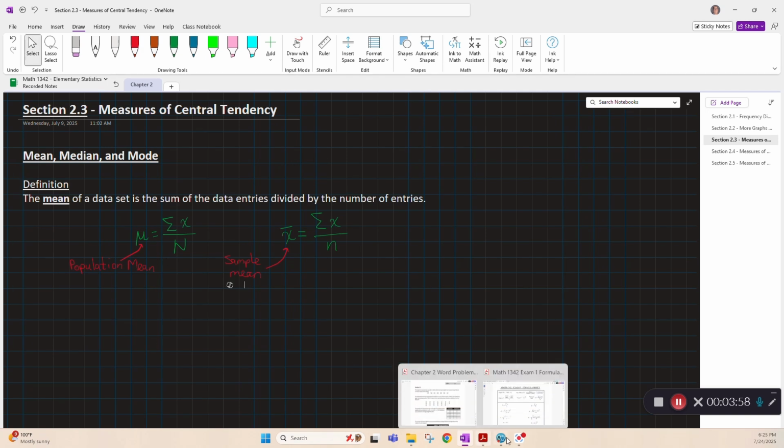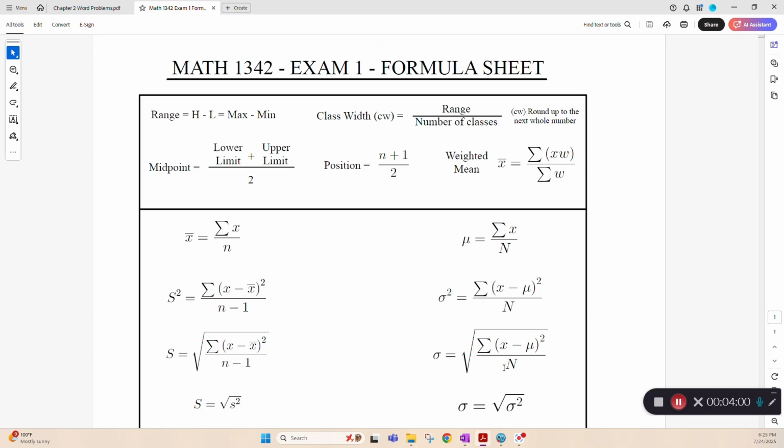Those are the formulas. And they are on your formula sheet that you'll get on the test. This formula sheet is in Blackboard. If you're in an in-person class, I'll print one copy for you. If you're doing this online, you can print a copy of this and use this on your test. Some of the formulas we've already talked about on here.